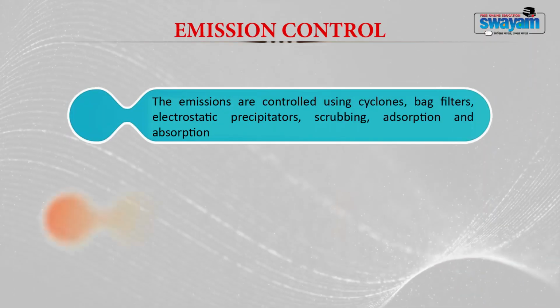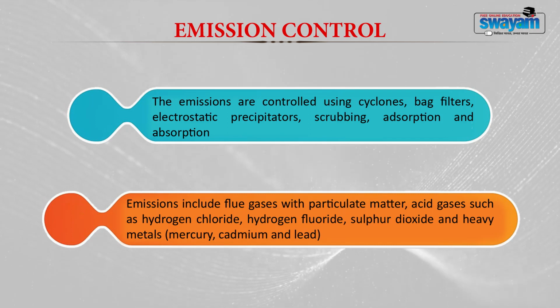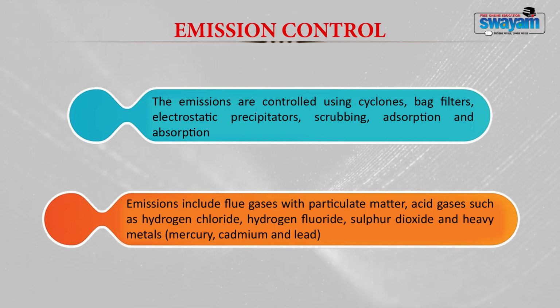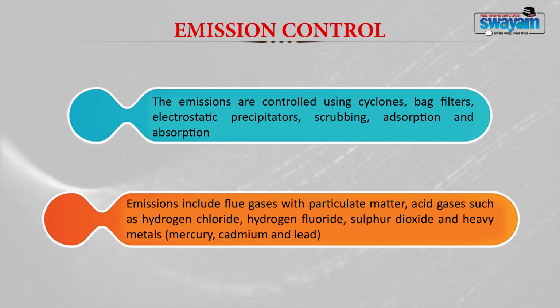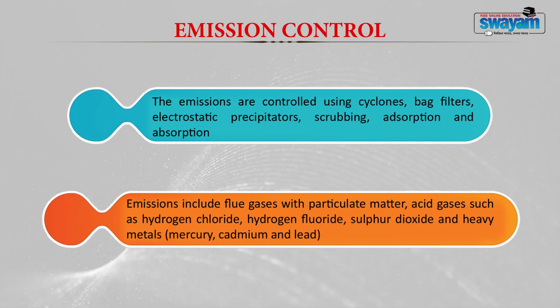The flue gas, which contains particulate matter, acid gases like HCl, HF, sulfur dioxide, and heavy metals like mercury, cadmium, lead, is generally controlled through cyclone separators, bag filters and electrostatic precipitators for the removal of particulate matter, and scrubbing, adsorption and absorption for removing gaseous pollutants.